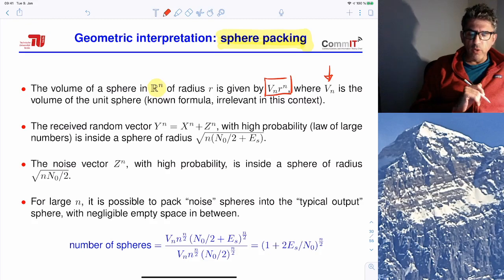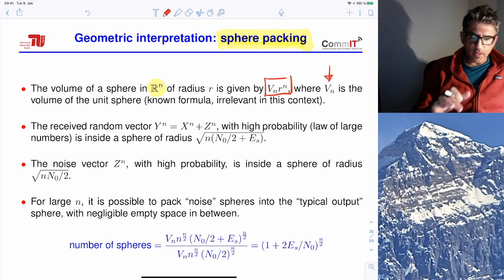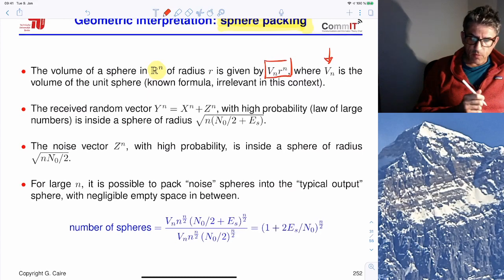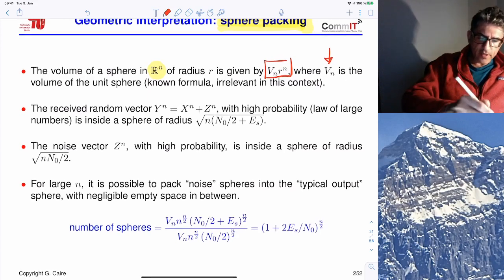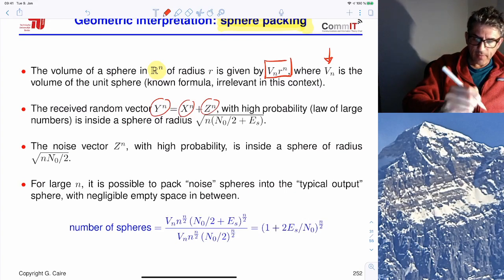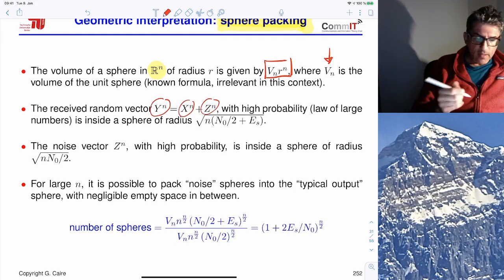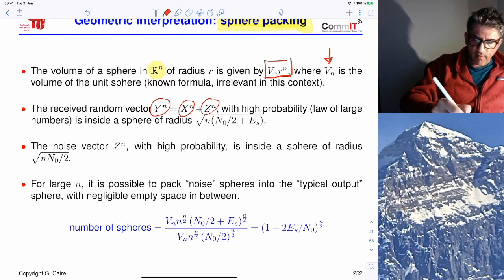So you can look at it. It is a known formula. Okay. So basically, let's look now at the received vector, so the y. Y is x plus z, and with very large probability, z is a vector contained in a sphere of radius square root of n times n0 half.